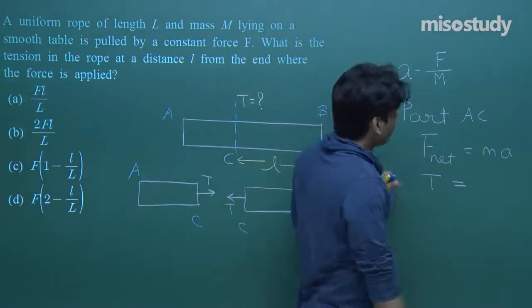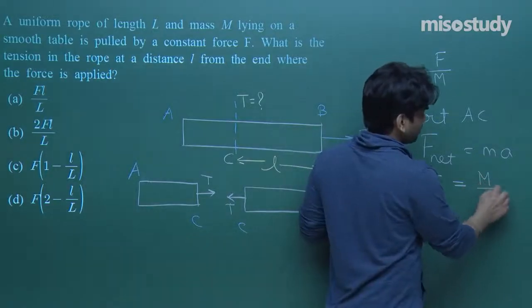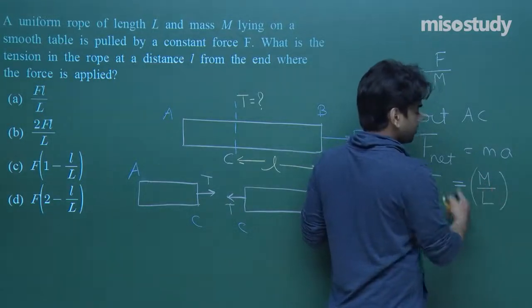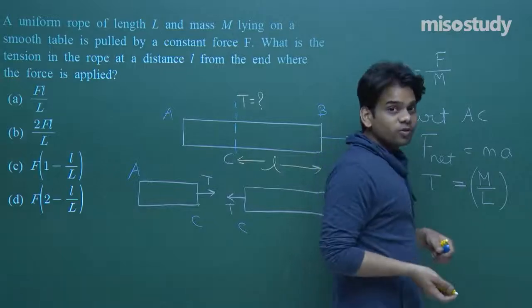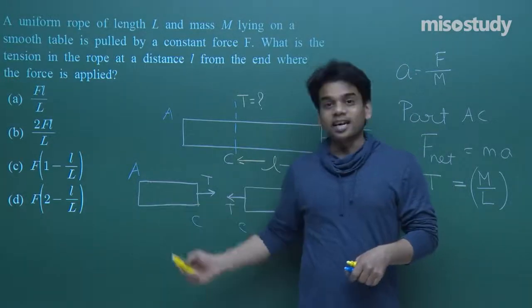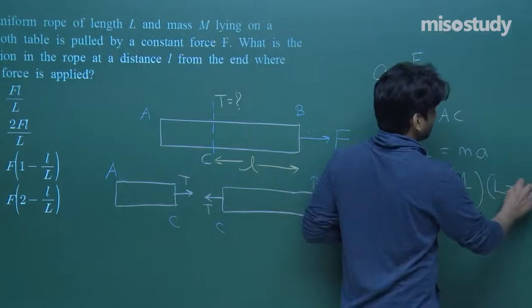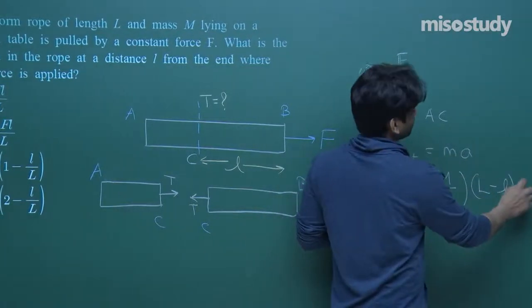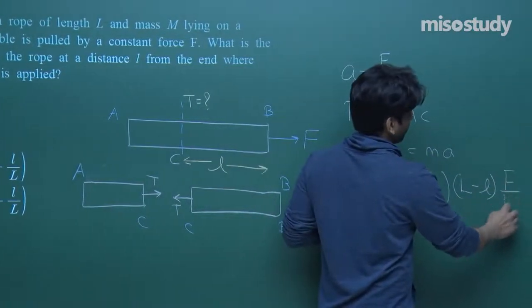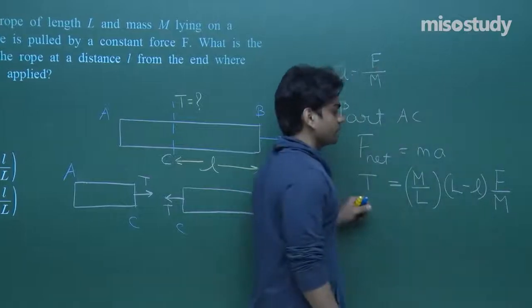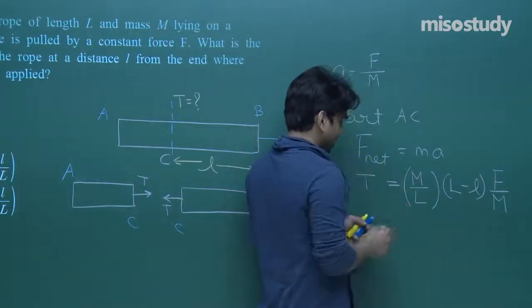Its mass will be total mass per unit length multiplied with the length of the part AC, that is actually capital L minus a small l. So I am writing here capital L minus a small l multiplied with acceleration, that is actually F by capital M. You can see here M and M will be cancelled out.